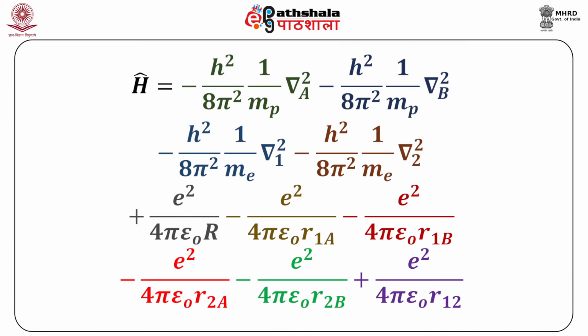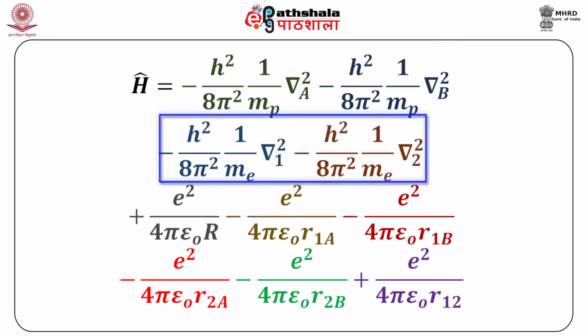If you look at the right hand side, the first term represents the kinetic energy of the nucleus A. Second is the kinetic energy of the nucleus B. Then the next two terms represent the kinetic energy of the two electrons, which have been labeled 1 and 2.